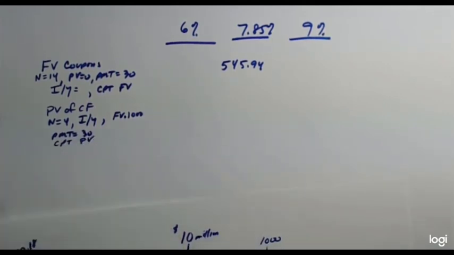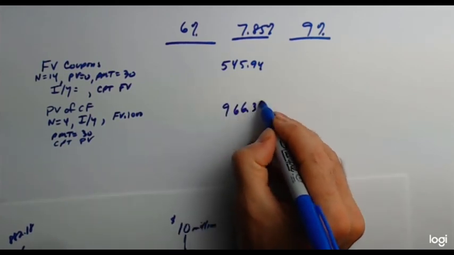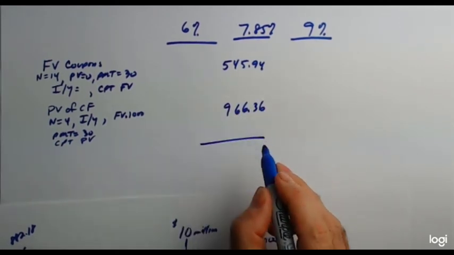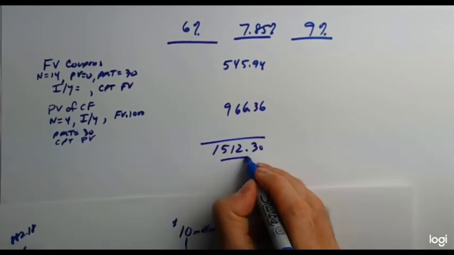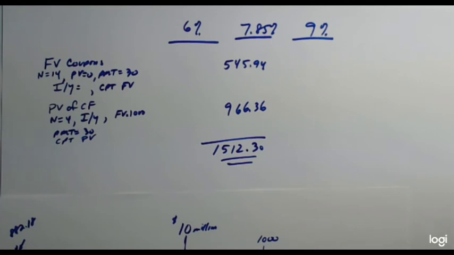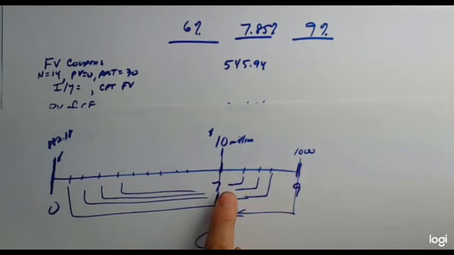When we do that, this will be worth $966.36. Add it up, and you're going to come up to $1,512.30. That's how much the cumulative cash flow from this bond will be from all these coupons and from the present value. So it's a future value and then the present value of the future cash flows.